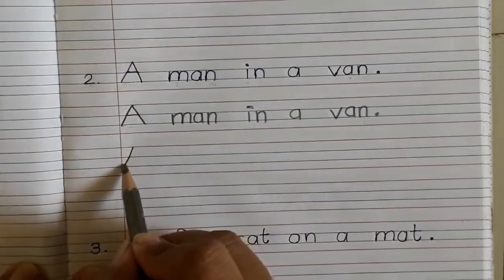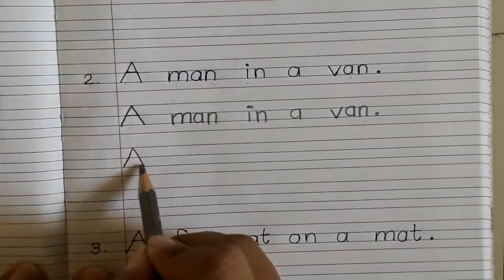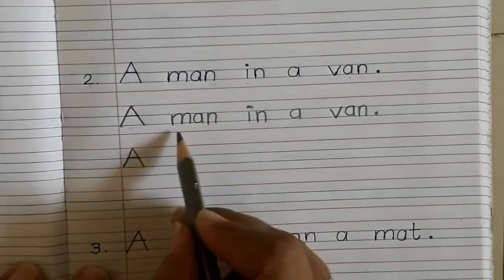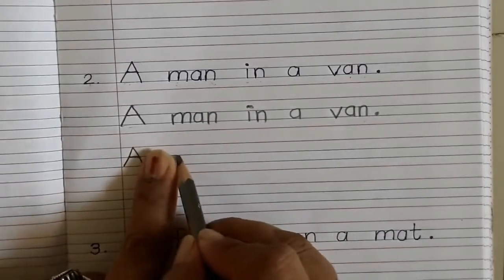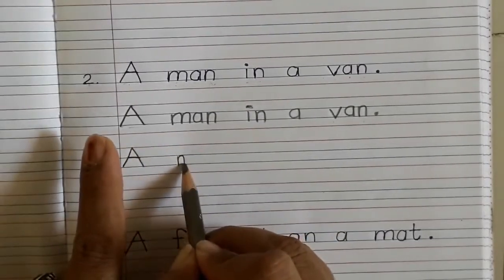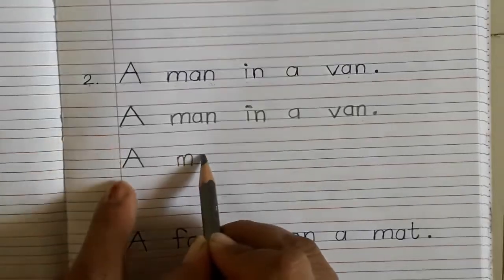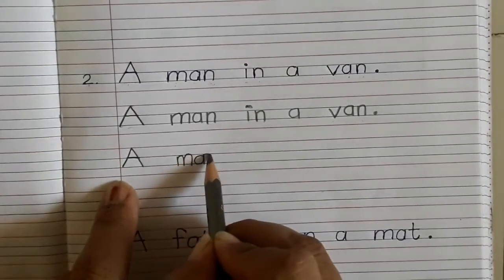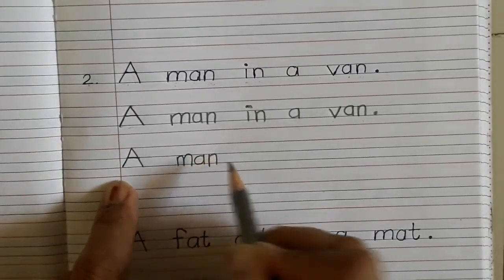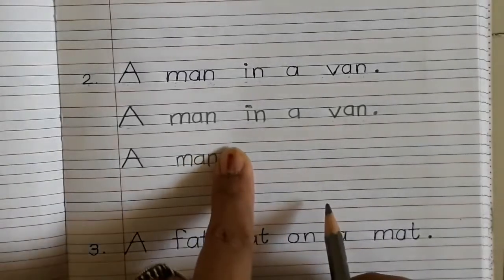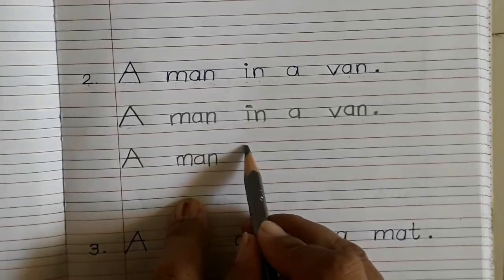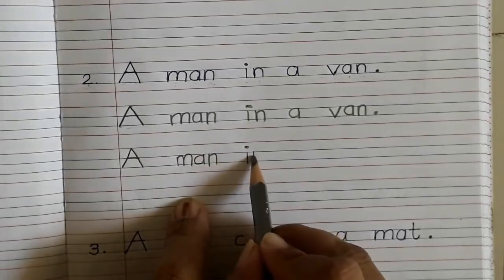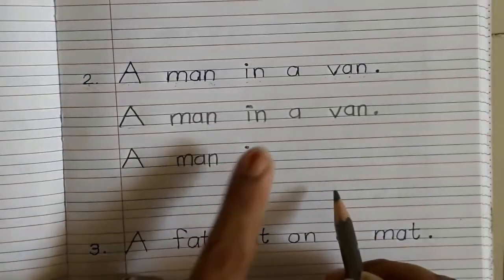Again we will write the same sentence. Capital A, one finger space, M, A, N, man. Again space, I-N in.